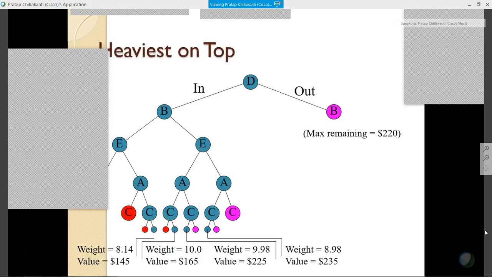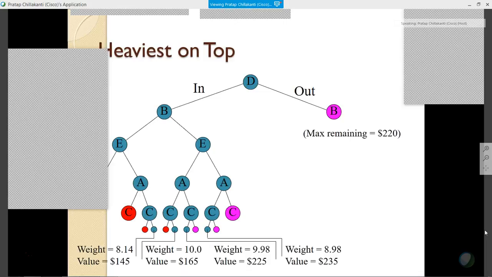Okay, so here is an example. You started off with D at the top. D is the heaviest. If you go back and look at the first few slides, you'll see D's weight is the highest. Look at how small the tree is compared to the previous one, where we started off with A for comparison.